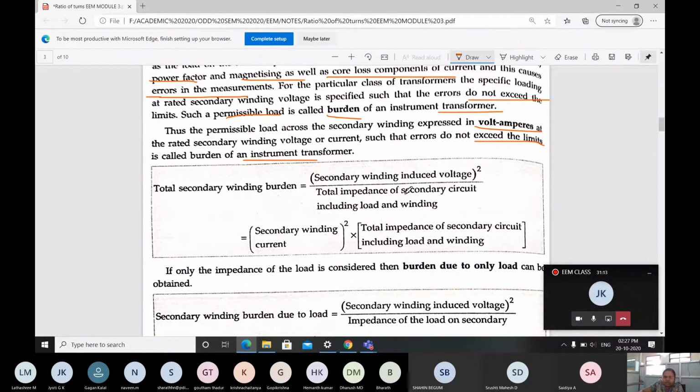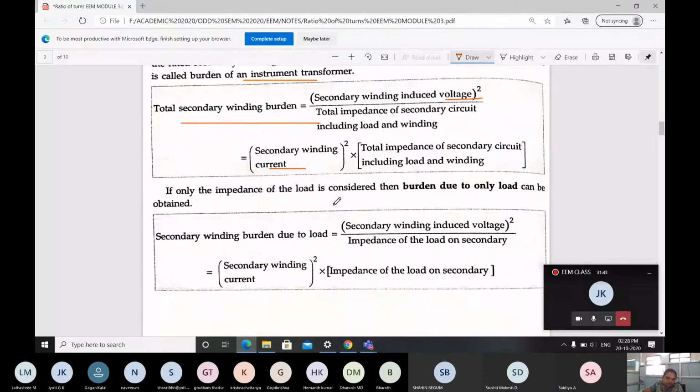Here we defined it in terms of voltage, now in terms of current: the burden is the secondary winding current squared into the total impedance of the secondary circuit including load and winding. This is the equation.